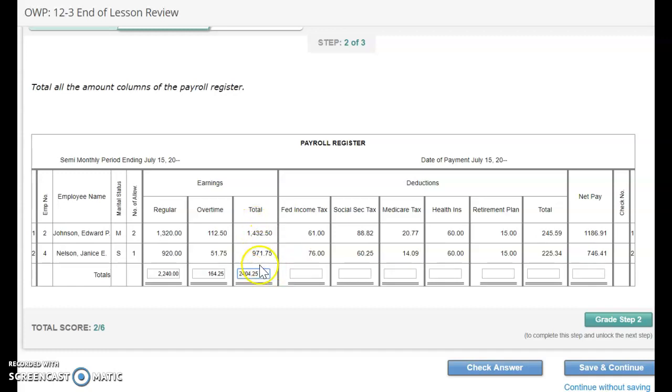Okay, now I added this way, and I'm just going to double check by adding my regular plus my overtime to make sure that that added correctly. Okay, I got the same number. Okay, now I'm going to start adding my deductions.